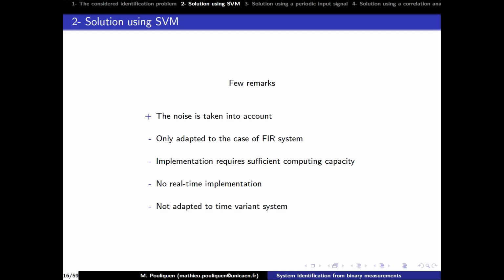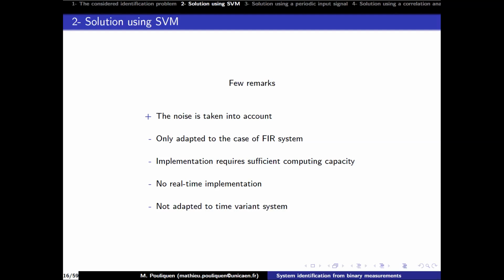The good point here is the fact that the noise is taken into account. Not every solution has this property. A bad point is that here we have only a solution dedicated to finite impulse response.